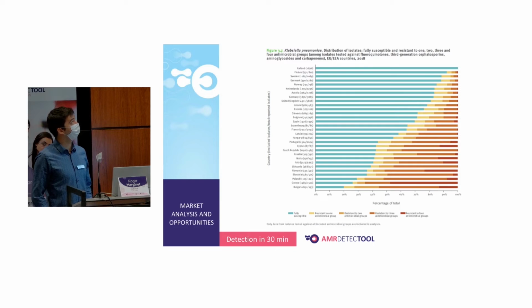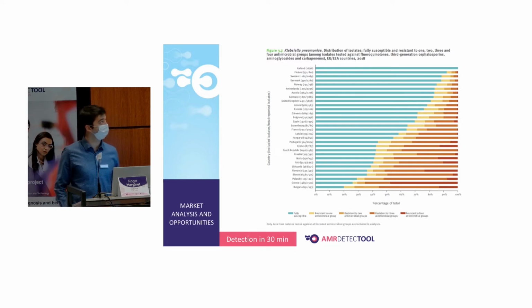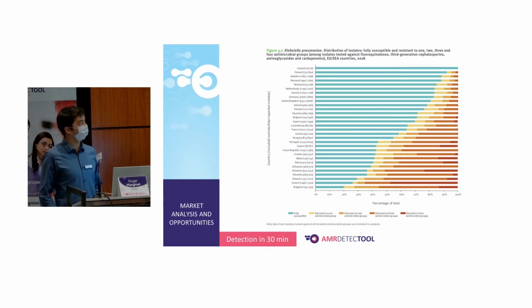As you can see, different countries in Europe have different prevalence of resistance, and the graph shows that for some countries it's really problematic, as there was only 20% of the bacteria that were fully susceptible, and for Romania, for example, there was 20% of the bacteria that were resistant to more than 4 groups of antibiotics.